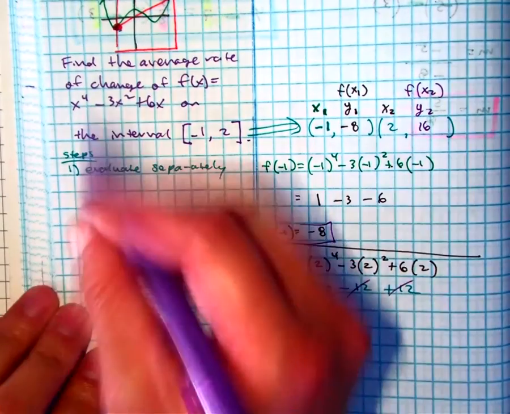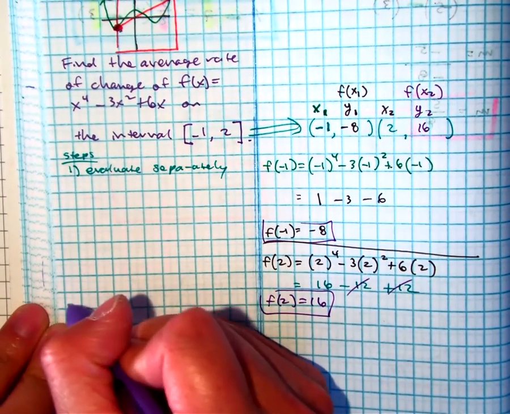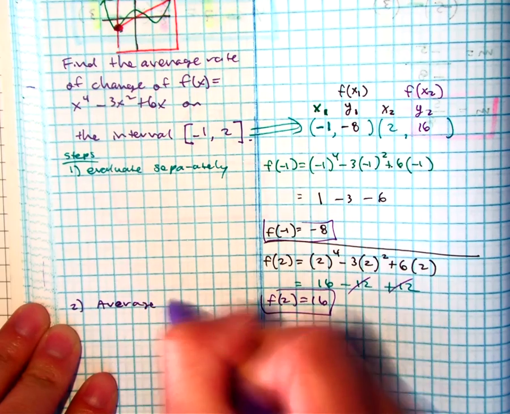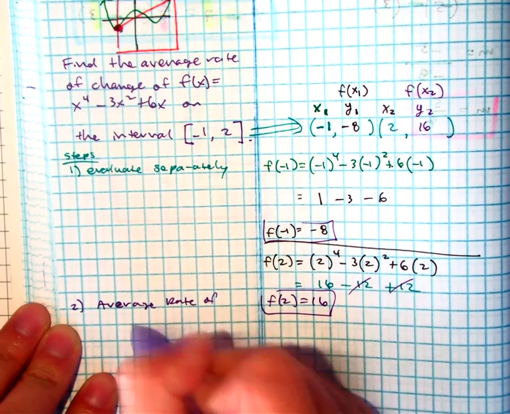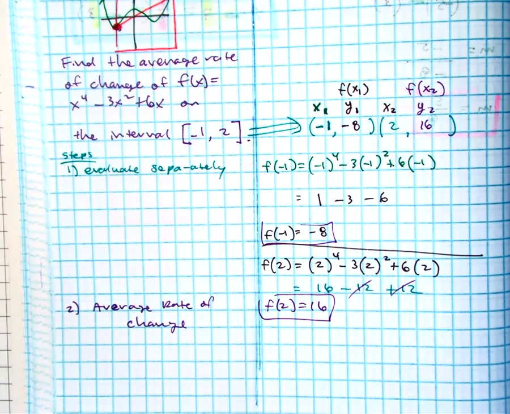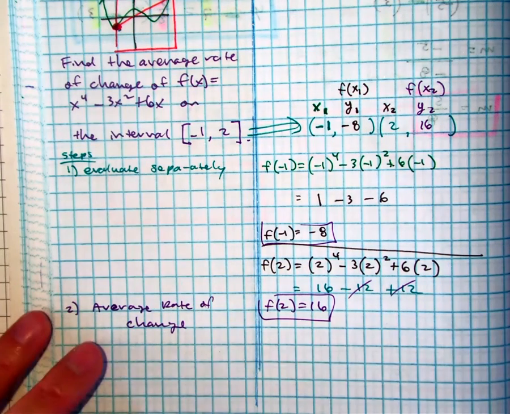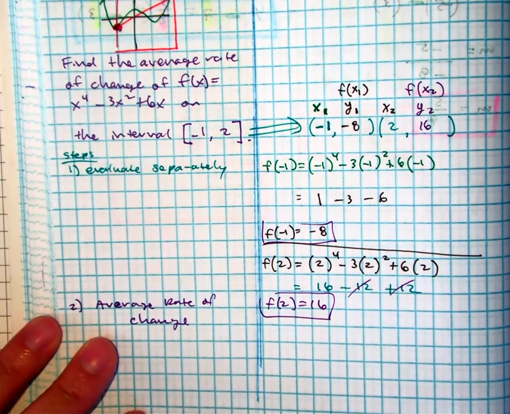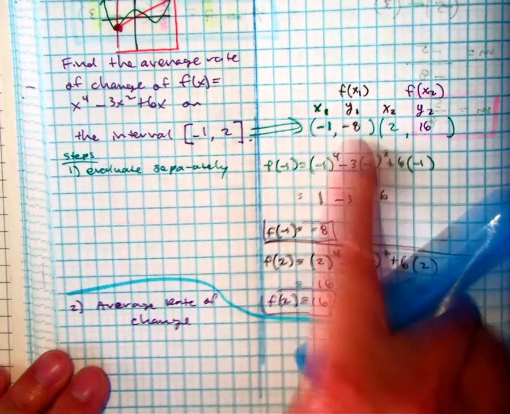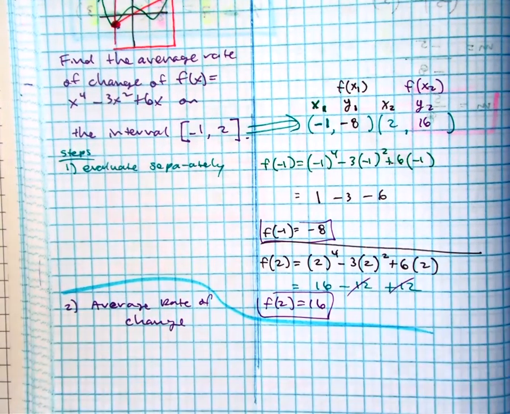My second step now is just to find the average rate of change. For the average rate of change, you can just use our slope formula.